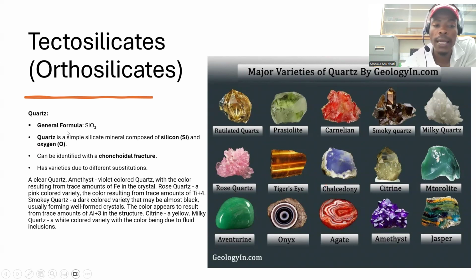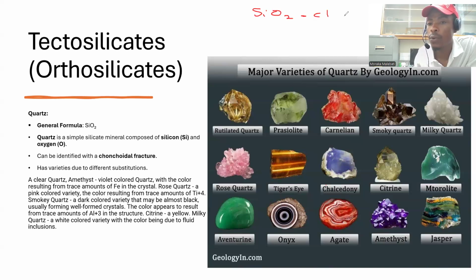For example, quartz and the feldspars, and also not limited to that, the zircon. For example, quartz.